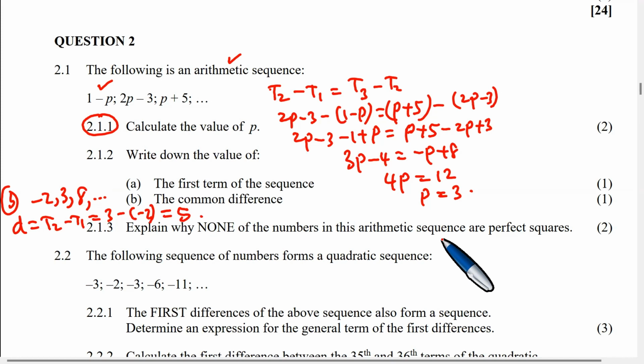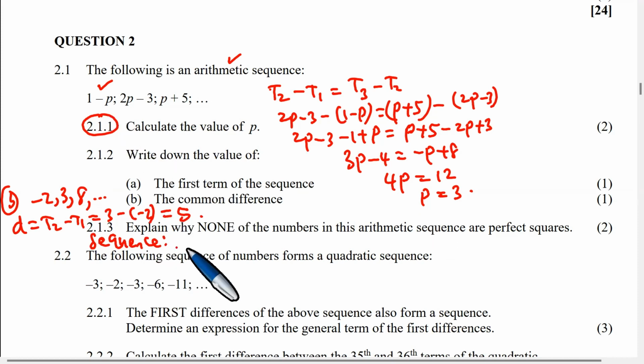Explain why none of the numbers in this arithmetic sequence are perfect squares. Okay, this is very, very interesting. Why are they not perfect squares? Right, so obviously you need to write this out. So in other words, we have the sequence. What is the sequence?